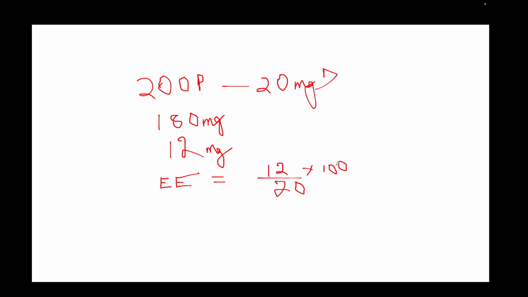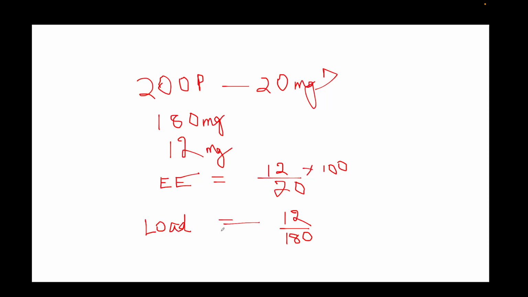But the loading efficiency, or the drug loading amount, would be this 12 mg that is retained with you, and how much amount of particles you were able to recover from it.